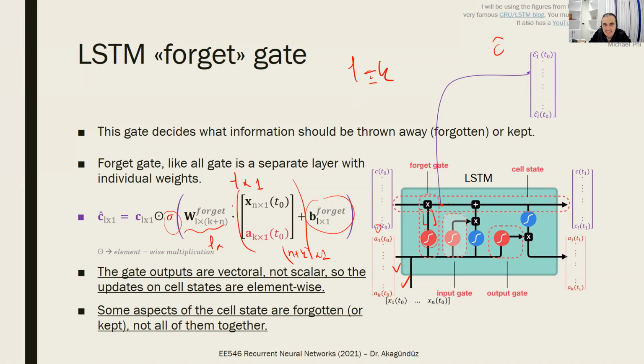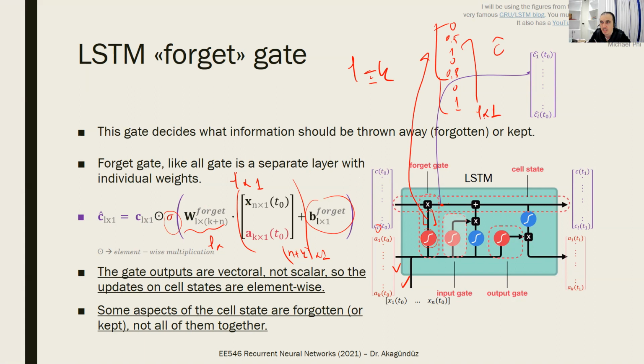The result of this sigmoid is something like 0, 0.5, 1, 0, 0.3, 0, 1, which is of size L times 1. And this is an element-wise multiplication, also called the Hadamard multiplication. You're multiplying the cell state element-wise with this vector.